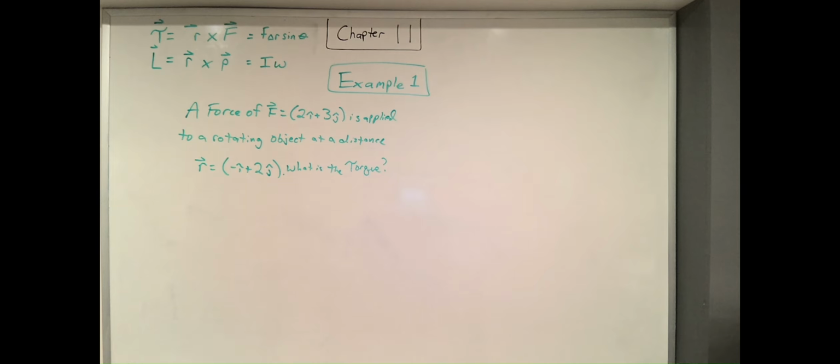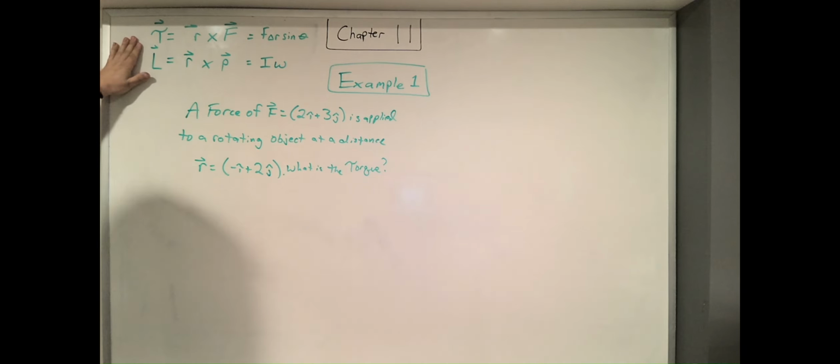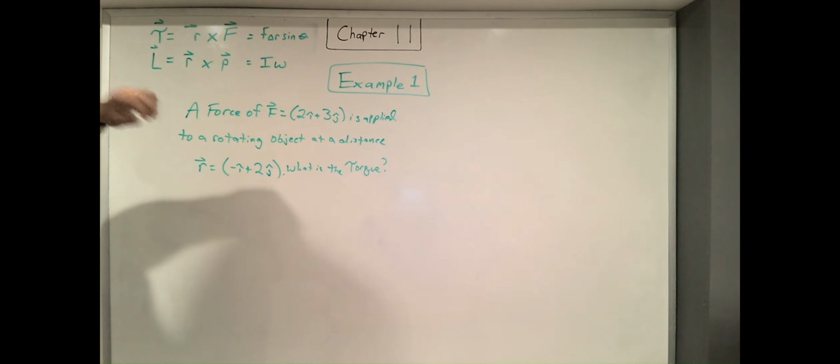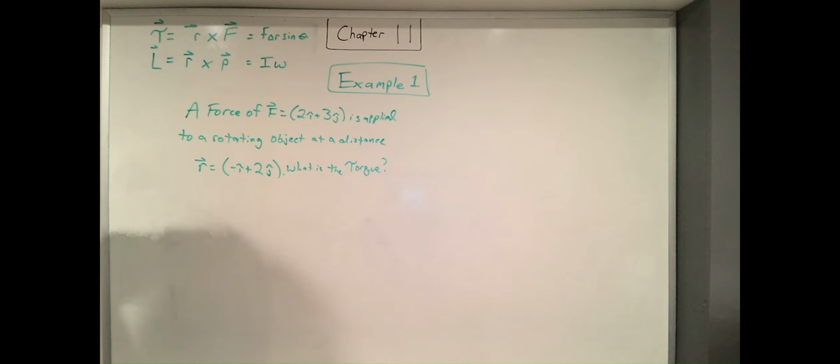Chapter 11, Example 1. In this one, we learned torque and angular momentum were cross products, so I do want to do a good cross product example here for you. Order of operations matters when you do these. Remember that when we convert from linear terms to angular terms, it's always r times something like theta or omega or alpha.